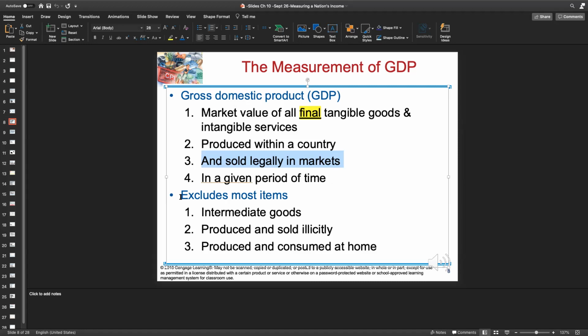What is not included in GDP are intermediate goods, those produced and sold illicitly, and those produced and consumed at home. Although housework and housewives' work is very valuable, since there is no trade in the market, it is not considered in the calculation of the GDP.